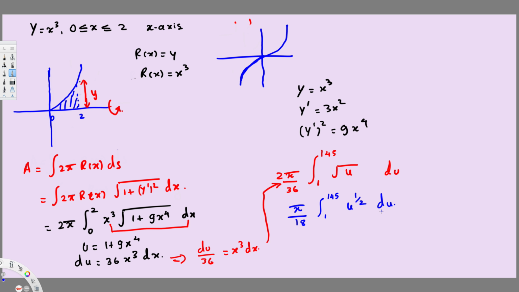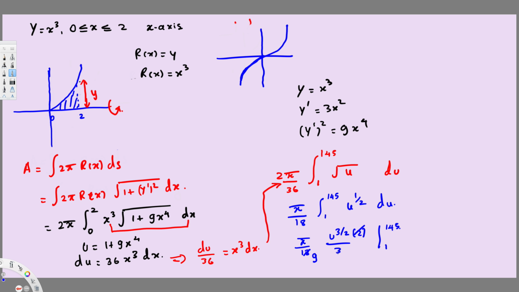Now this one is easy to integrate, right? So let's do the integration. If we integrate this one, this is going to give us u to the power 3 by 2, divided by 3 by 2. Instead of dividing by 3 by 2, I can bring the 2 to the top, so this is going to be 2 right here. And it's going from 1 to 145, right? And here we can cancel this 2 and 18, that's going to be 9 right here.